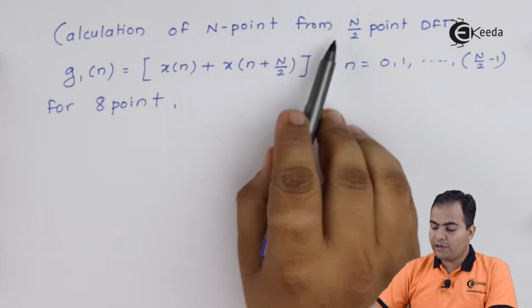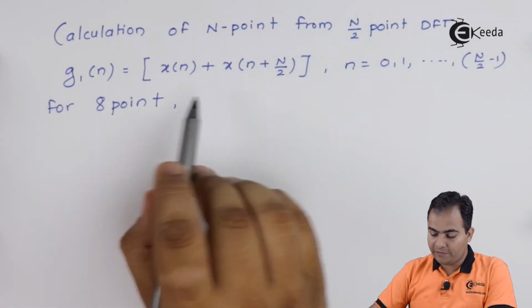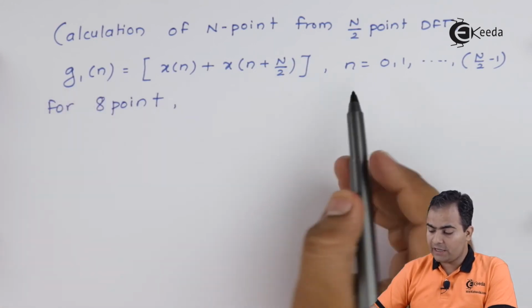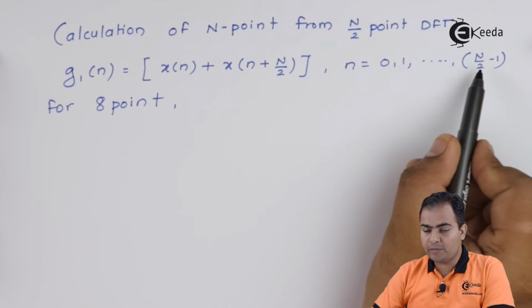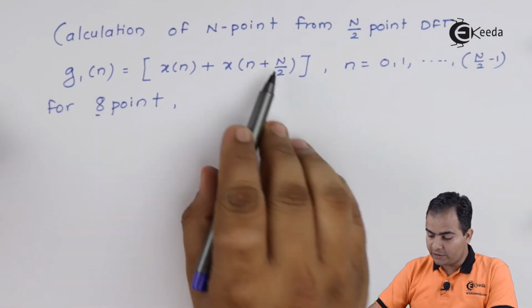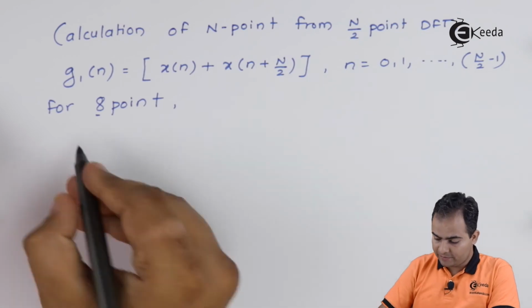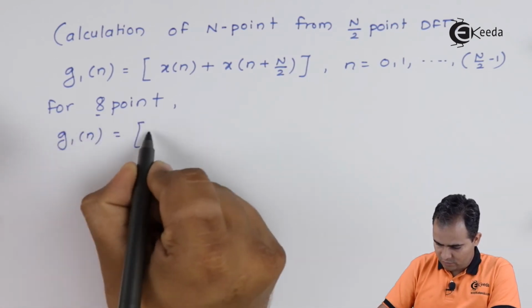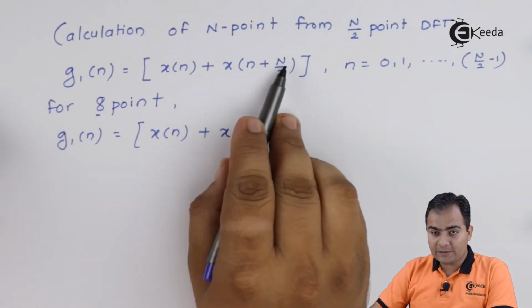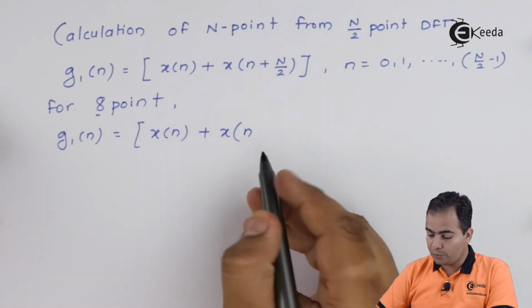So we are going to calculate n by 2 points from n-point DFT. Basically our g1 of n equation is this, and where, as I said, my n value starts from 0 to n by 2. But if we want to calculate g1 of n for 8 points, then all this n is replaced by 8. Now if this n is replaced by 8, then 8 by 2 becomes 4.